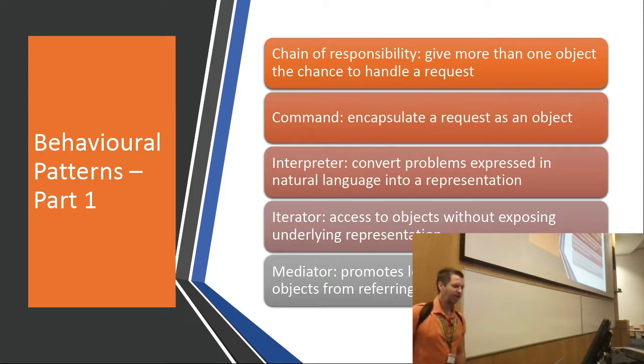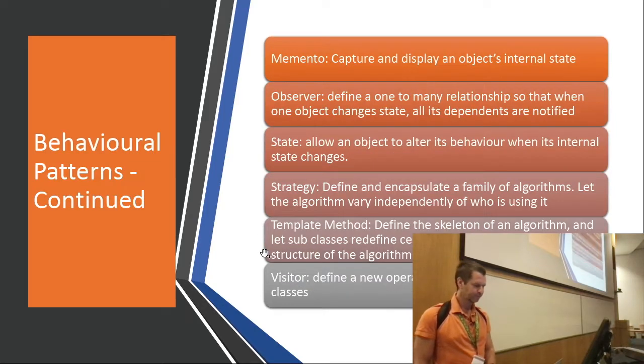There are behavioral patterns. A chain of responsibility, for example, to give more than one object the chance to handle a request. And interpreter behaviors, iterator behaviors, mediator behaviors, and then several more variations on different kinds of behaviors, the way a piece of software is supposed to behave.